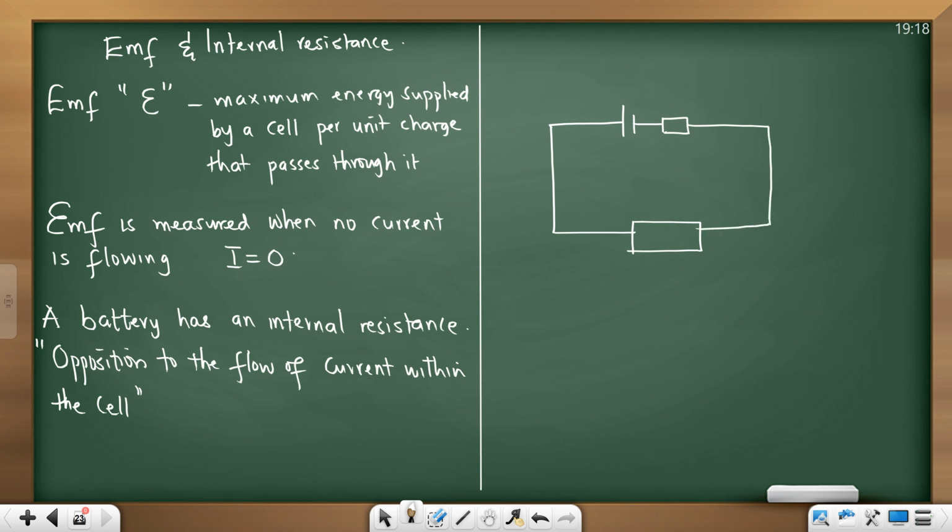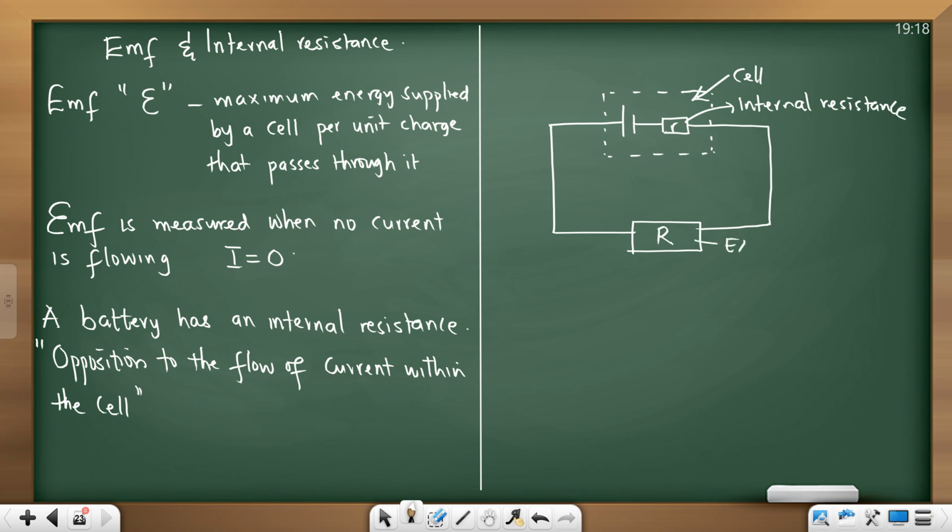And this is what we are going to be looking at. R and r. This is now my cell. This is my internal resistance.